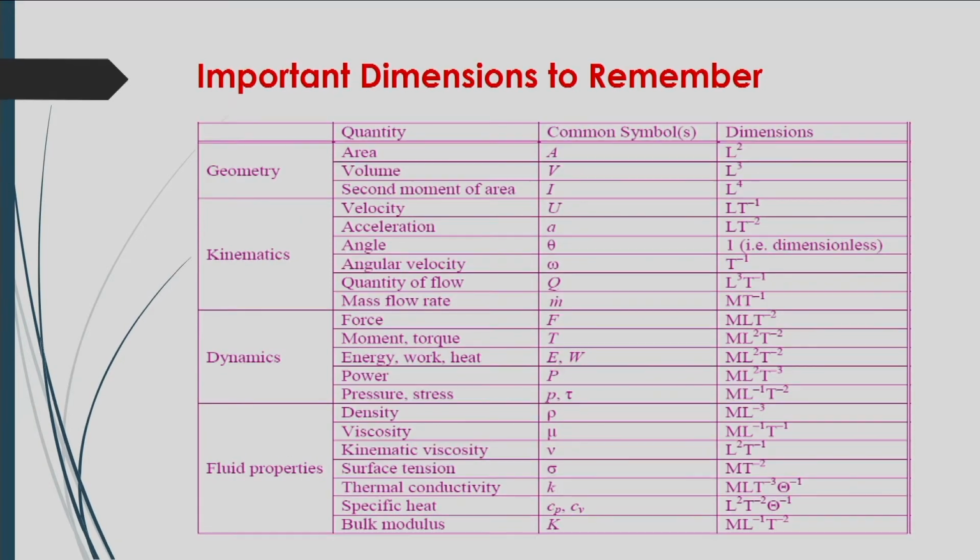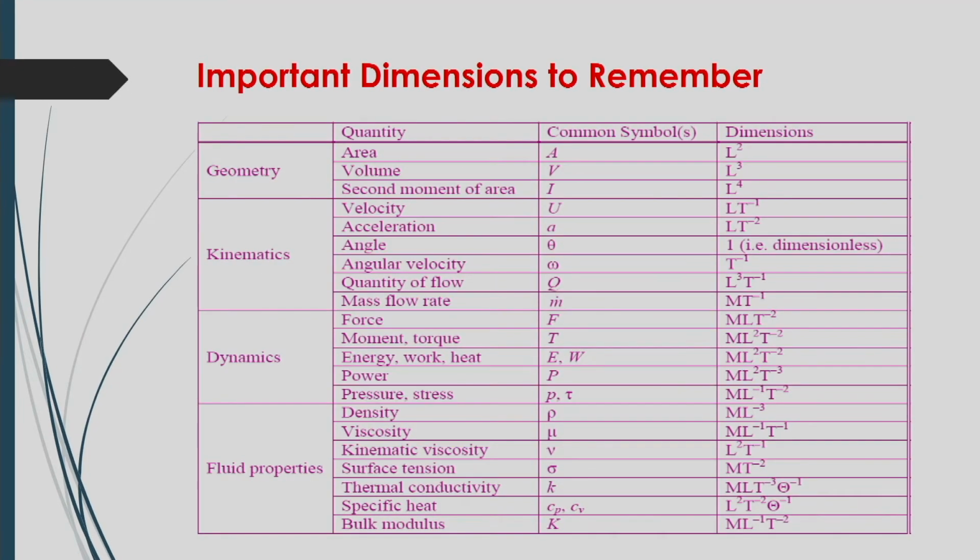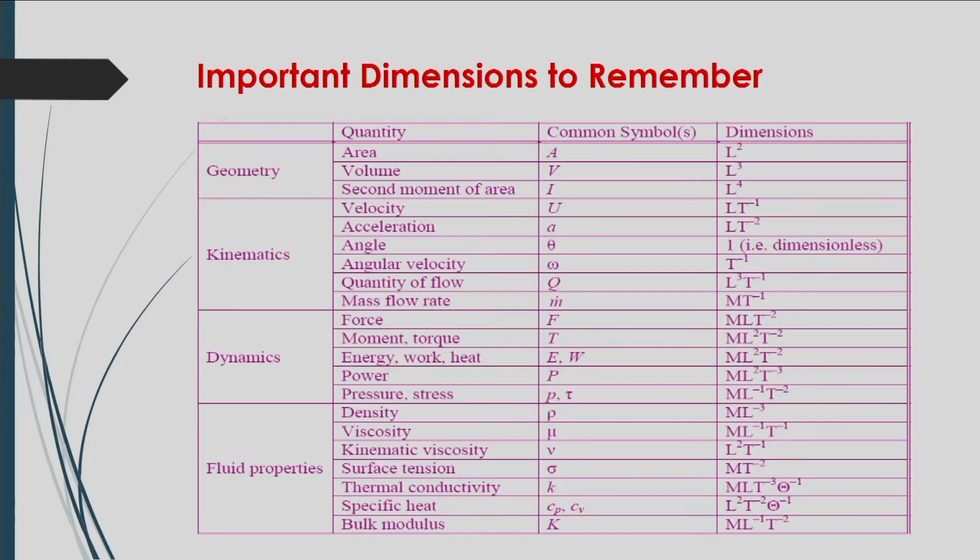Dynamic variables include force, moment, torque, energy, work, heat, power, pressure, stress. Fluid properties include density, viscosity, surface tension, kinematic viscosity, thermal conductivity, specific heat, even bulk modulus of the fluid. All those quantities are represented by certain dimensions, and these dimensions are given respectively in the slides. They will be required to analyze the dimensions and make the dimensionless group.